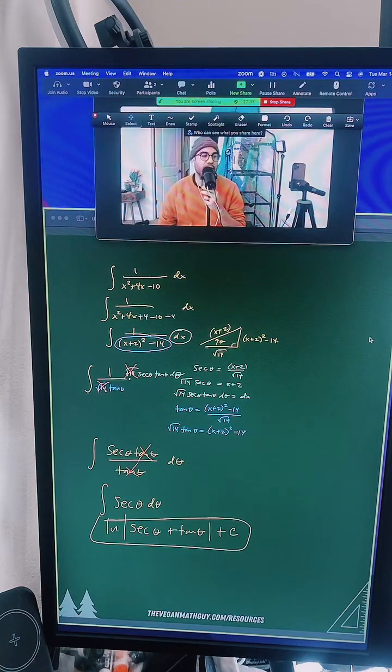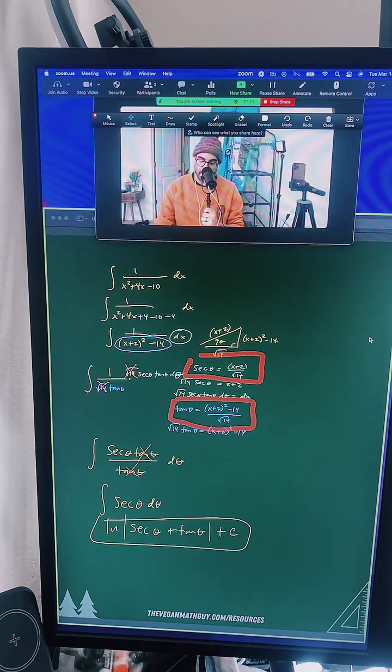Yep, someone said change it to x, and that's exactly what we need to do because technically this is in terms of theta, so we need to go back to our triangle. If you recall, I'll highlight it. Secant theta was up here. I'm going to highlight that in red, and then tan theta was this value, the one that I highlighted in red again.